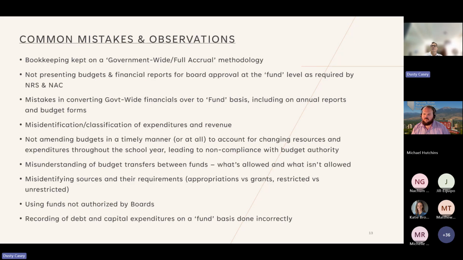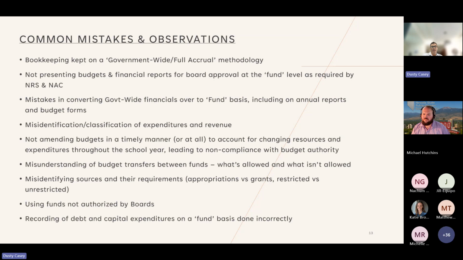That framework is changing to more align with what's required with NRS and NAC, what's required in the budget reports, the year-end reports, et cetera. And so what we're going to go over as far as common observations, we do recognize a lot of this is rooted in what SPCSA has required in the past. So I do want to acknowledge that and make sure that you guys understand that we are aware of that.